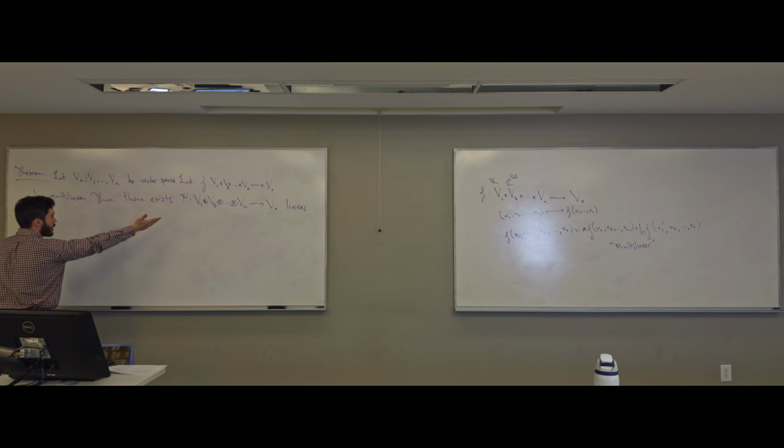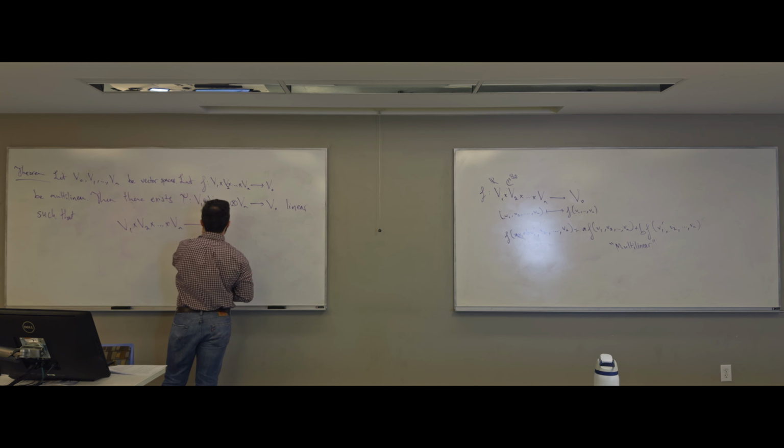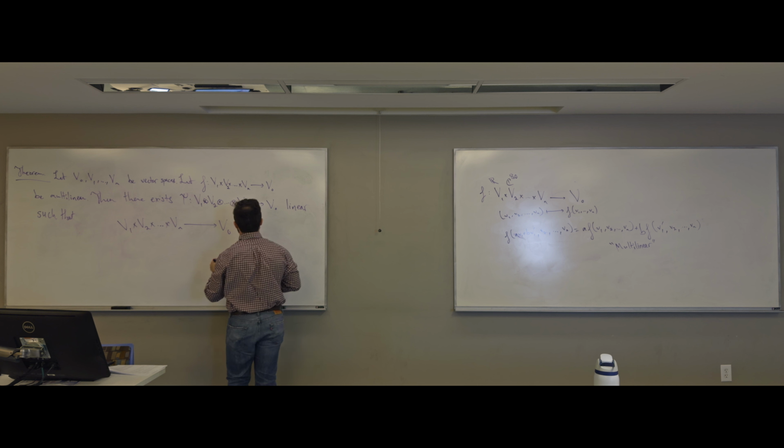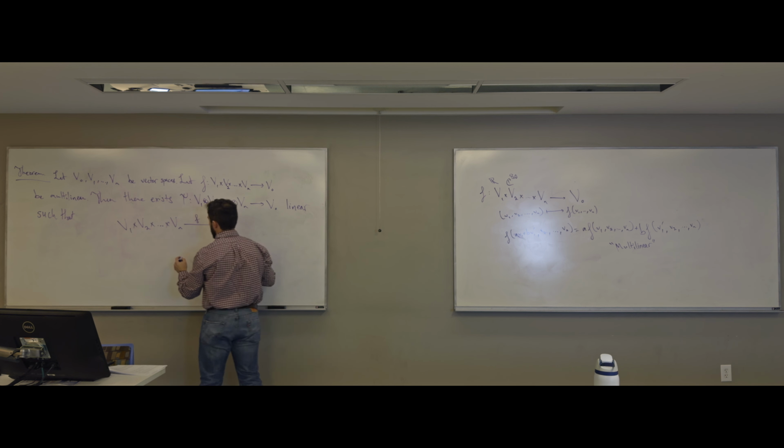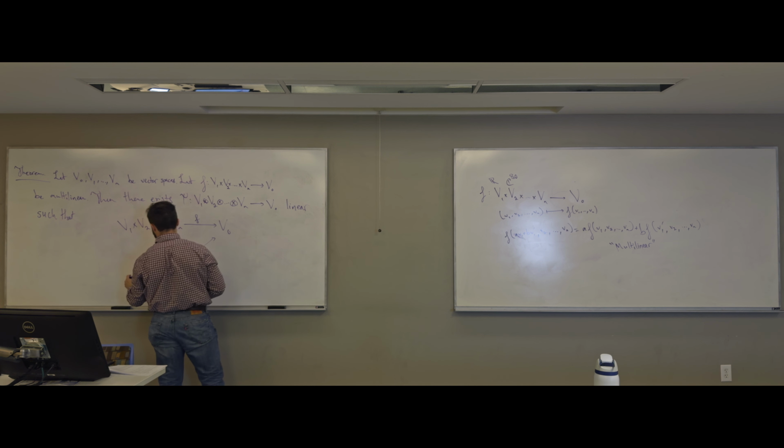So then there exists psi mapping from the tensor product to the codomain of the original function, linear, such that this diagram, you have this space, over to V naught, and this is f, right? And then you have this function, psi, and then you have the tensor product space.